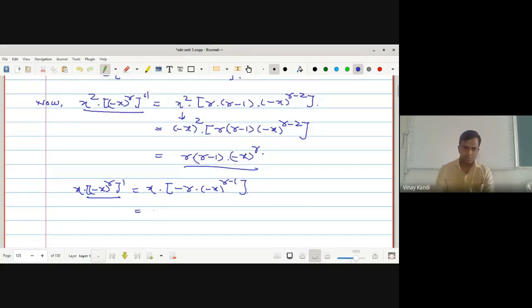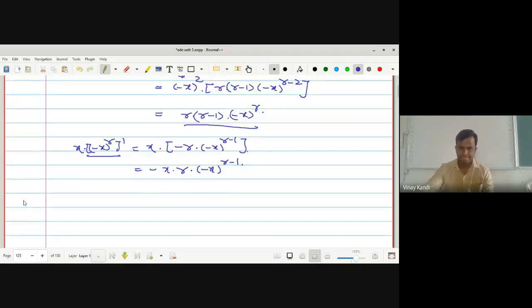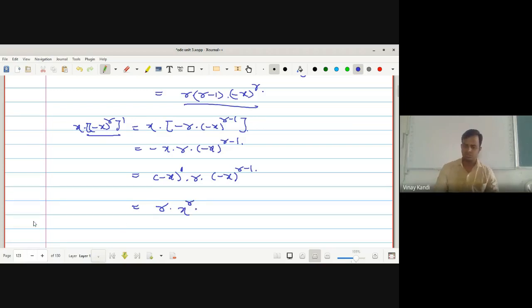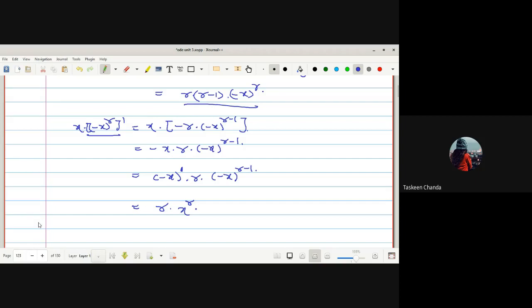So this is minus x into r into minus x raised to r minus 1, which is equal to minus x raised to 1. We gave minus to this, into r into minus x raised to r minus 1. So that is equal to r into minus x raised to r. Any doubt? No, sir. Okay.